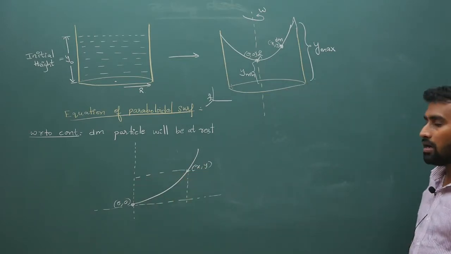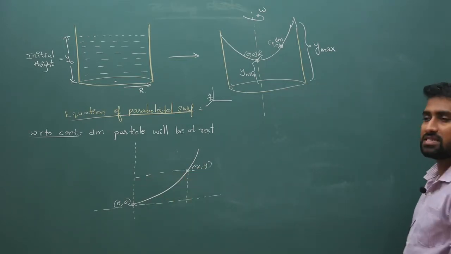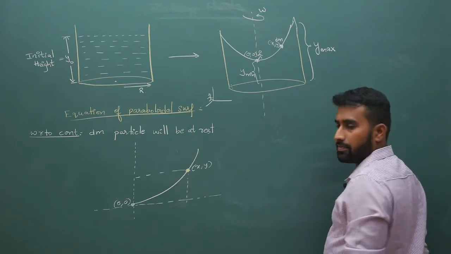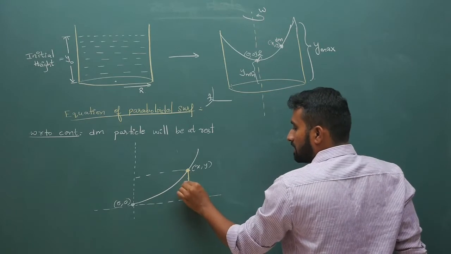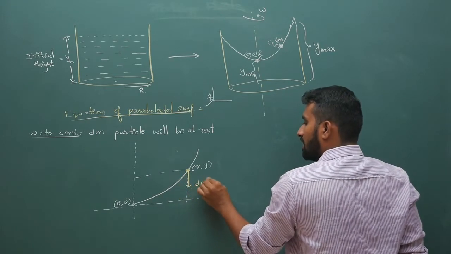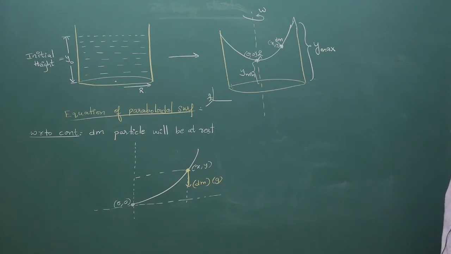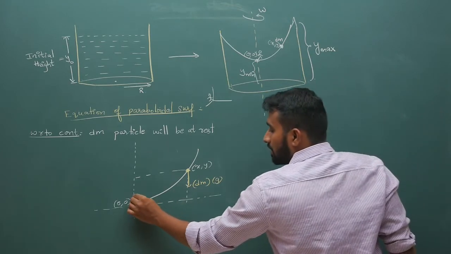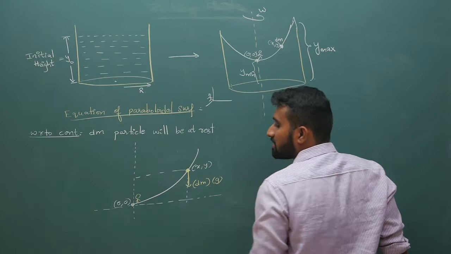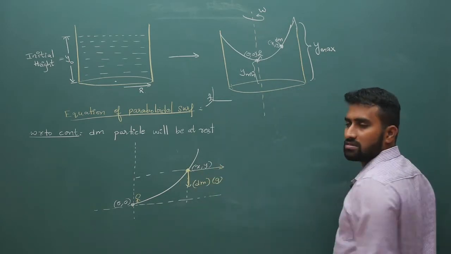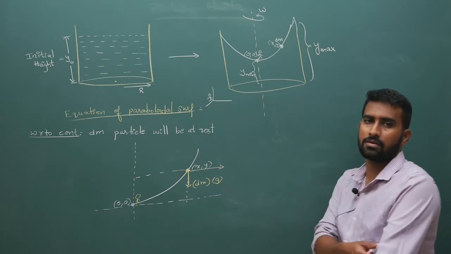Now on this particle, which has mass dm, there will be two forces. One is the gravitational force dm into g. The other is, because you are writing the equation with respect to an accelerating reference frame, you have to keep a pseudo force, that is the centrifugal force.